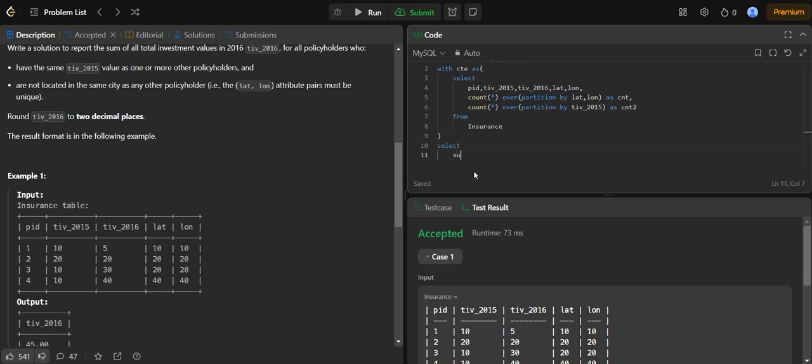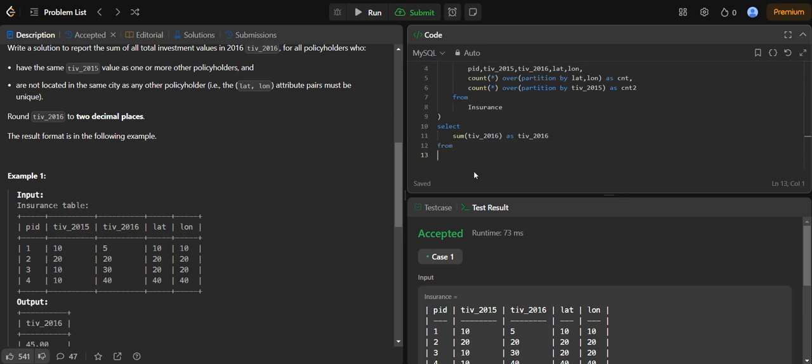Now I will select the sum of TIV 2016 as TIV 16 from the CTE, where my CNT needs to be 1 and my CNT2 needs to be greater than 1.